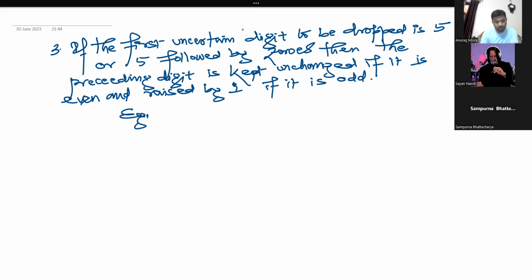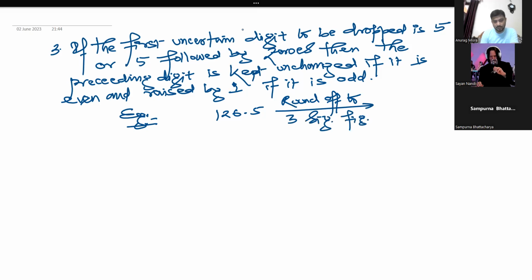Say for example, if I had 126.5 and I want to round it off to 3 significant figures, then my answer would be 126.